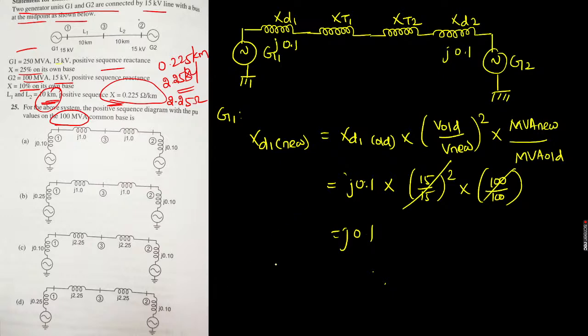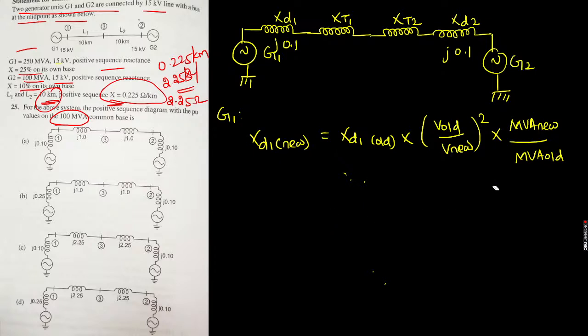Now let us focus on the transmission line. What have they given for the transmission line? They had given only the actual reactance. Then how will you calculate the per unit reactance?